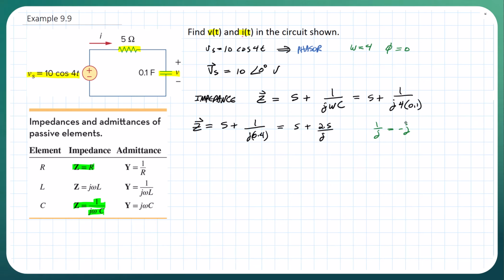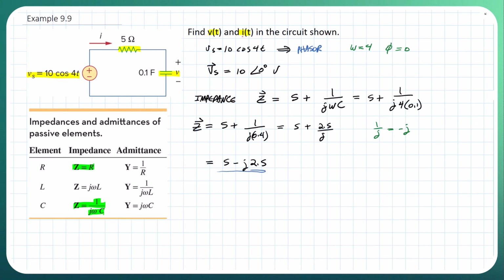So we can rewrite this equation again as 5 minus j 2.5. We'll highlight this here. So we got the impedance there.